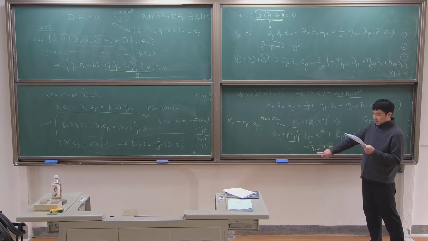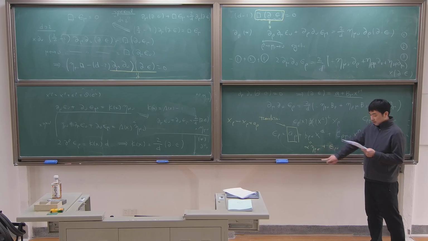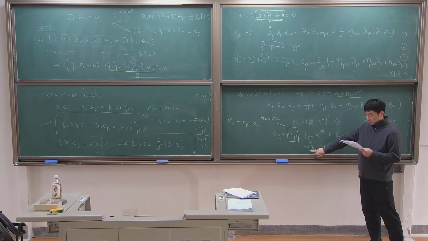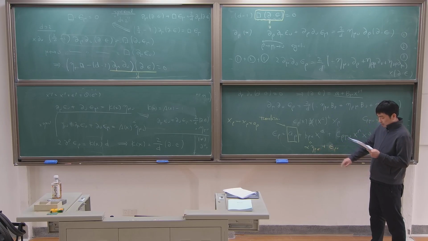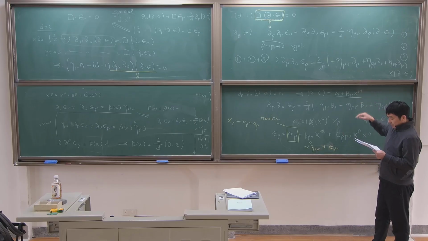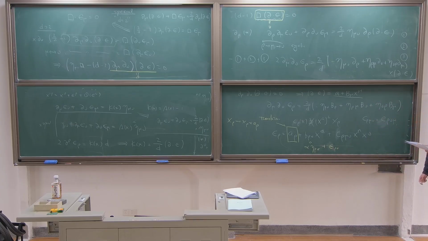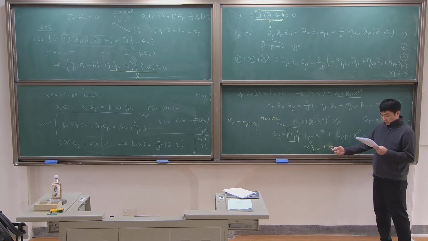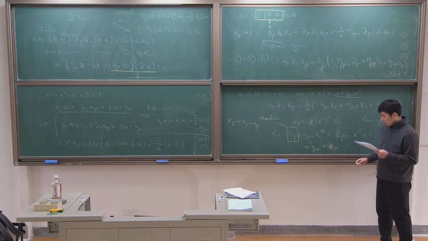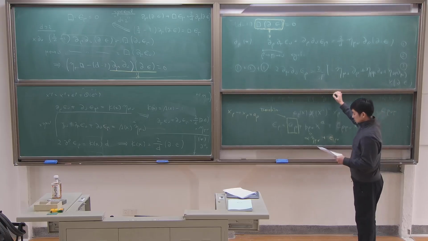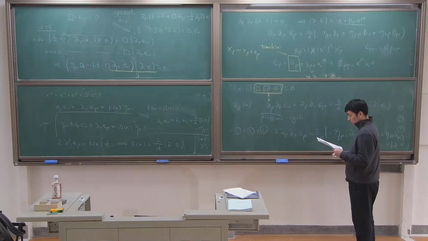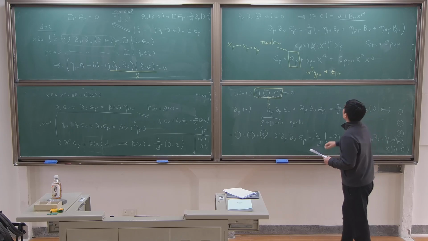The symmetric part can be proportional to eta_{rho sigma}, the Minkowski metric, and the anti-symmetric part can be proportional to this epsilon_{rho sigma} thing. We can always do this kind of transformation.